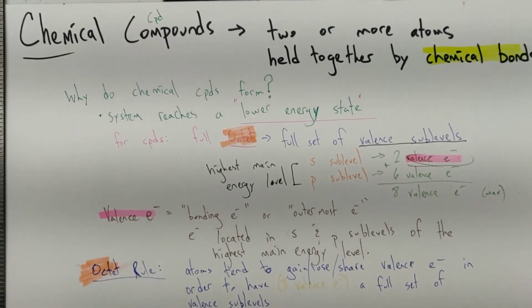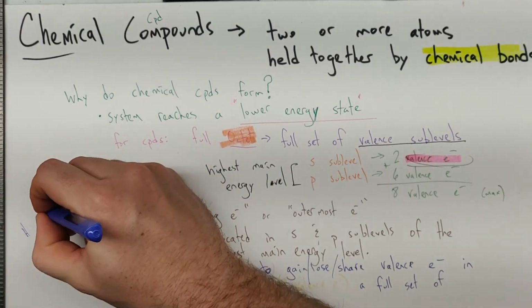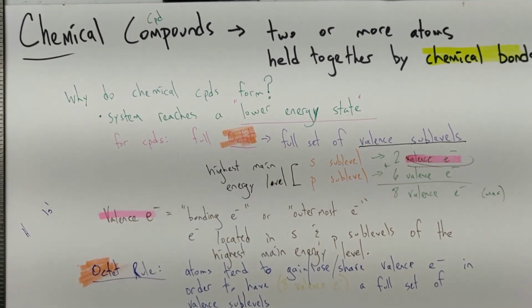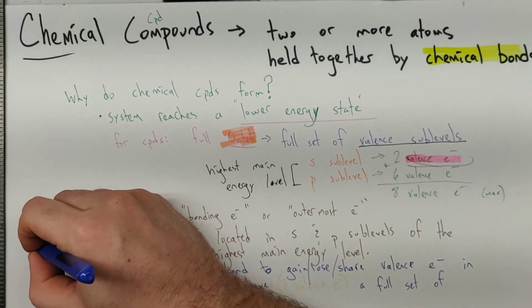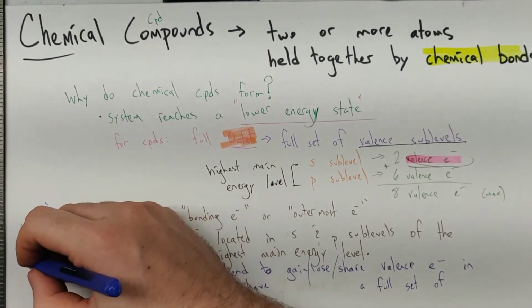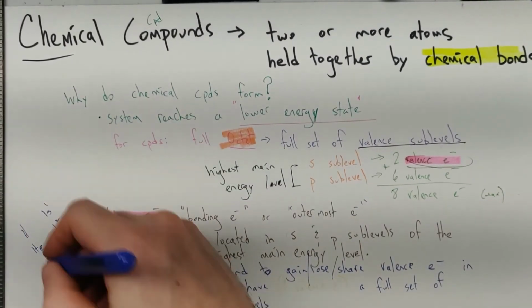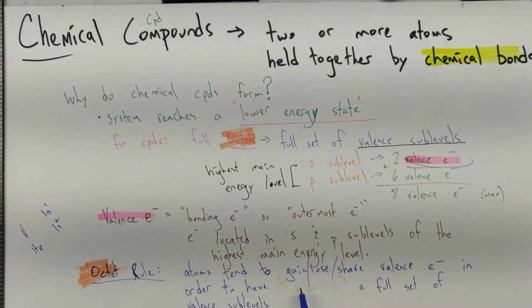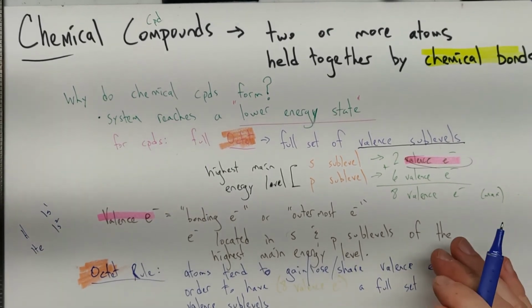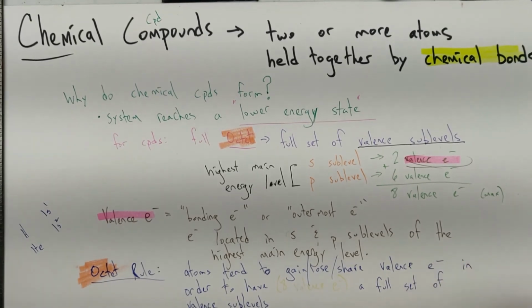For example, hydrogen has an electron configuration of 1s1, right? And helium, 1s2, and there is no p, right? So a full set of valence sublevels for hydrogen or helium would be 2 electrons, so it wouldn't be 8. And again, it's just semantics. No one cares. 8 is the number of interest to us in most cases. In fact, that's not even going to be a huge limiting factor later.